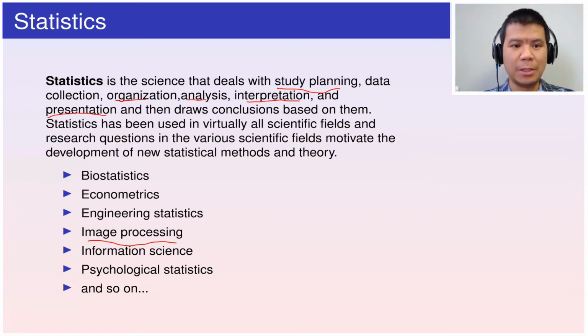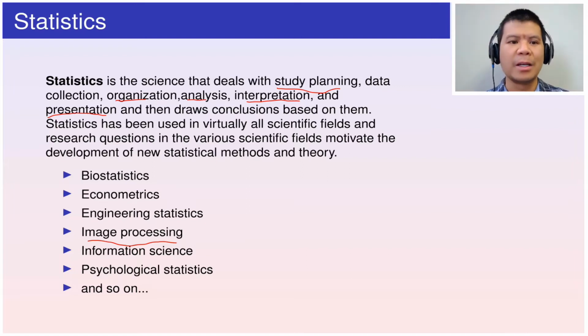We see an image as a picture with different colors, different shapes, and so on. But when the computer sees an image, it is an array of data, values, numerical vectors, so it is dealing with a lot of data. Of course, image processing motivates new areas of statistical methods and theory.